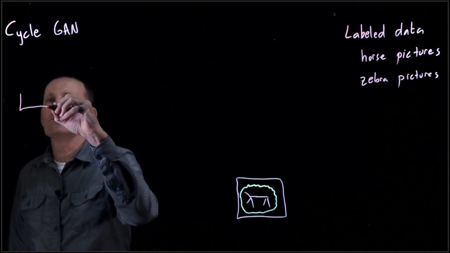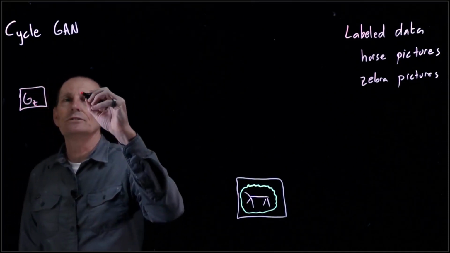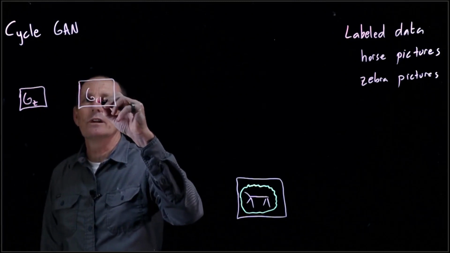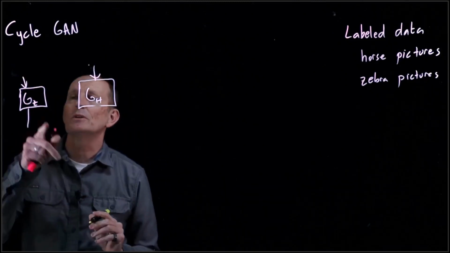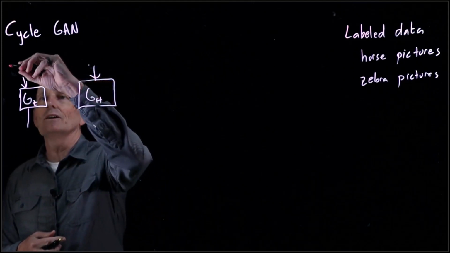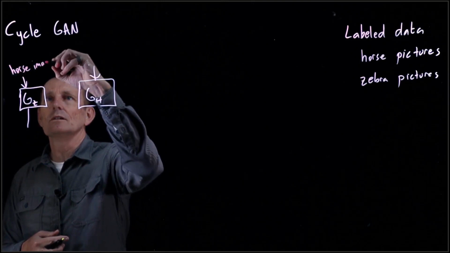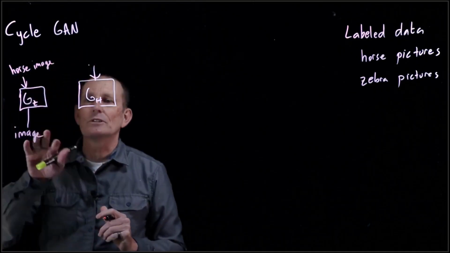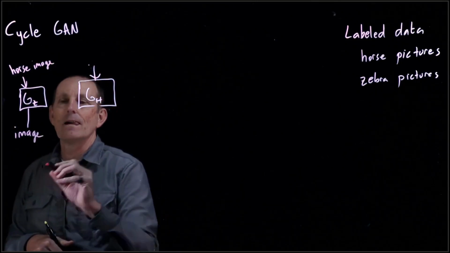We're going to have a zebra generator, and we're going to have a horse generator. The zebra generator is going to take in a horse image, and it's going to output an image, hopefully with the horse replaced with a zebra.